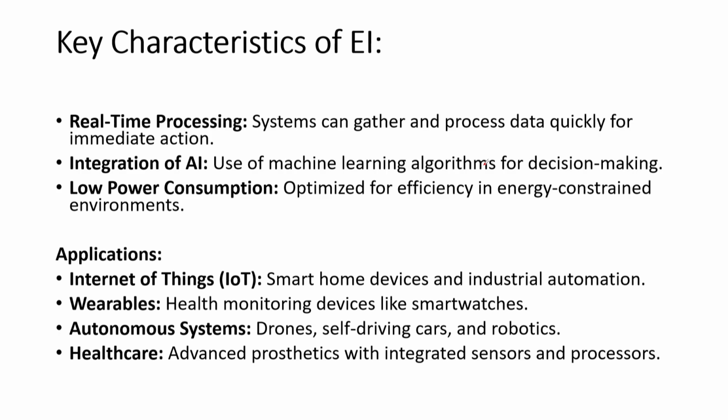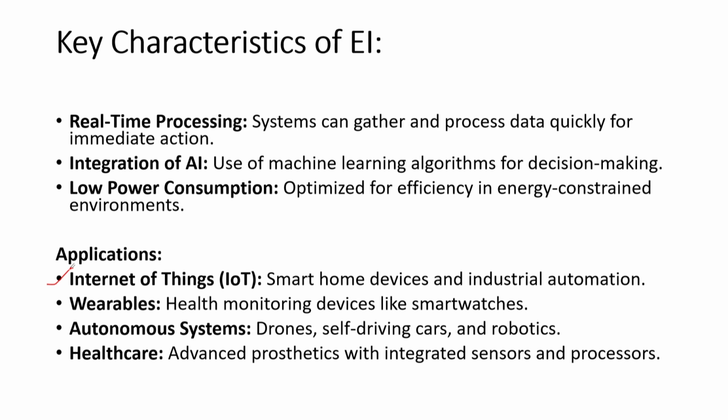As a result, EI systems have started to find applications today in fields like the Internet of Things, IoT, which covers smart home devices and industrial automation, and smart wearables like health monitoring devices. Many of us keep a smart watch with us which monitors our health.